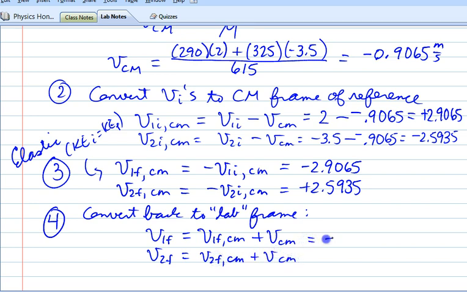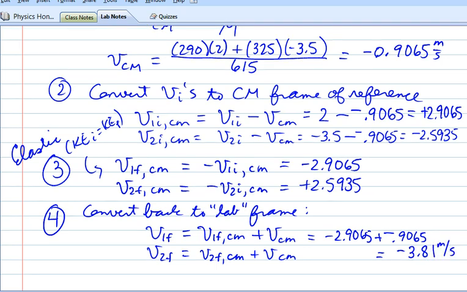So that's going to be negative 2.9065 plus negative 0.9065, which equals, sorry I ran out of space, negative 3.81 meters per second.